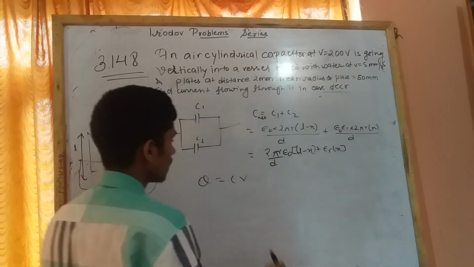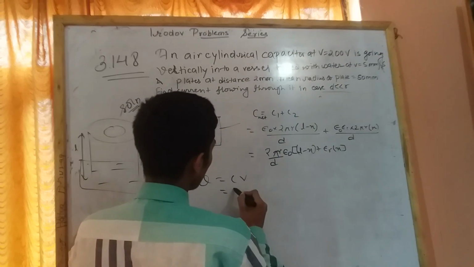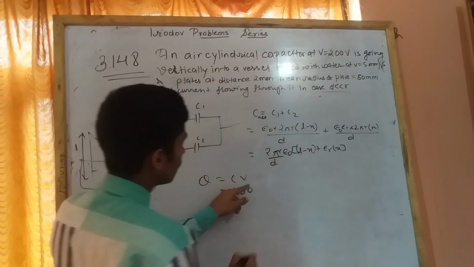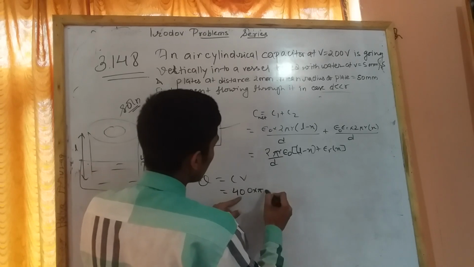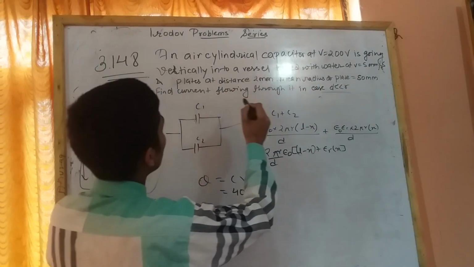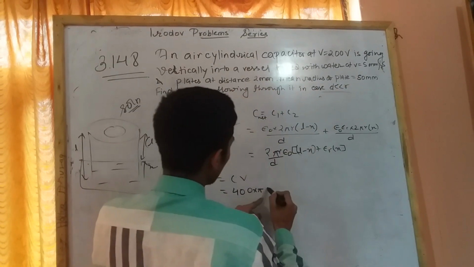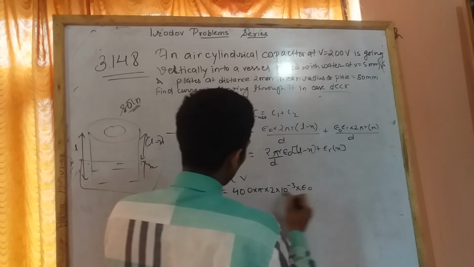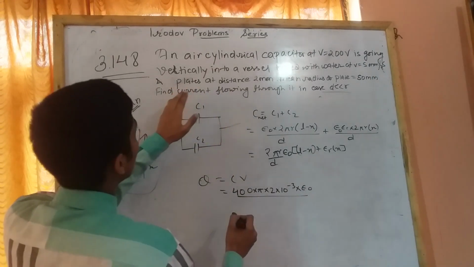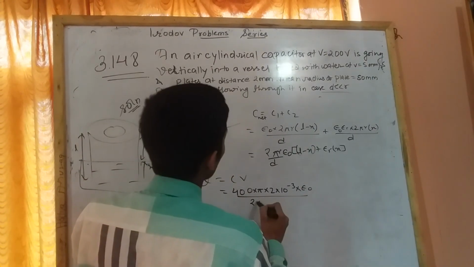Because the value of V is 200, Q is 400 into pi into R, the value of which is 2 into 10 power minus 3. We know the value of epsilon naught. We know the value of D, that is 2 into 10 power minus 3.